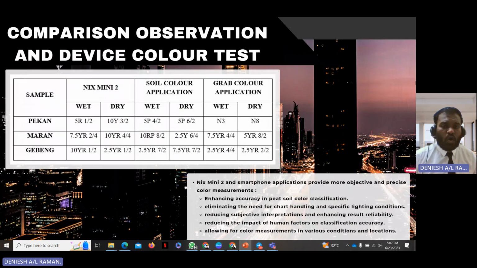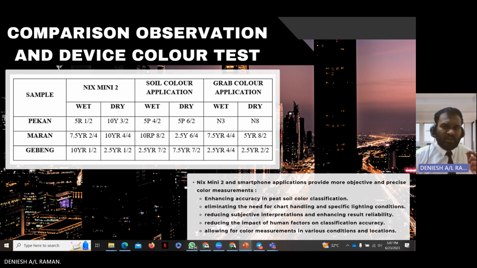From here, I want to make a comparison between the manual observation and the device color test, which covers several aspects. The first one is that with the Nix Mini 2 and smartphone application, we can provide objective color measurement, which ensures accuracy and consistency of color reading across multiple devices, reducing the potential for human interpretation error.